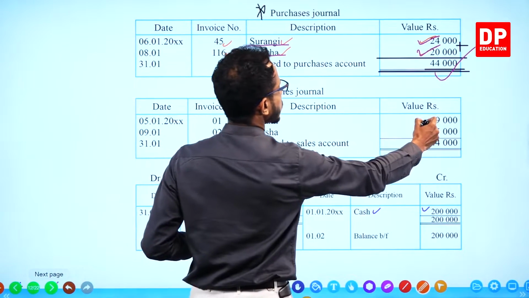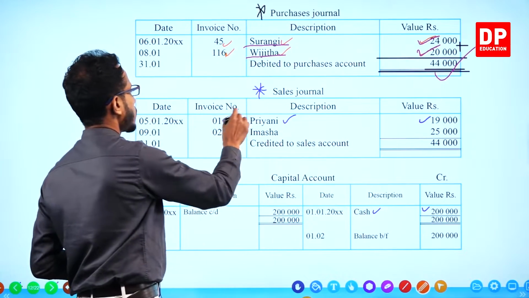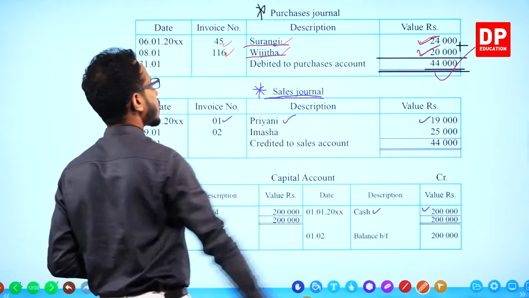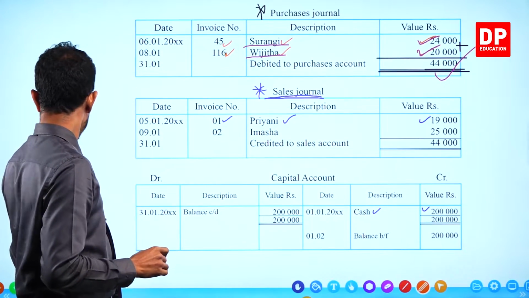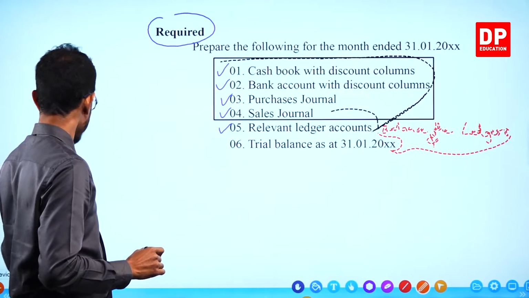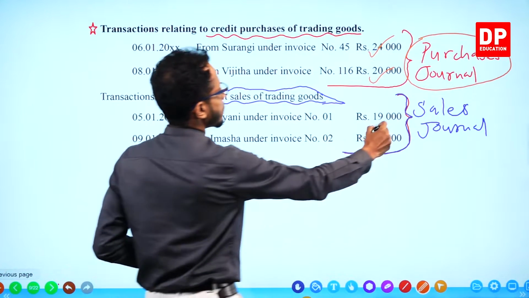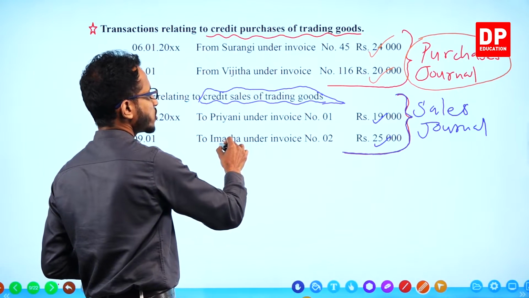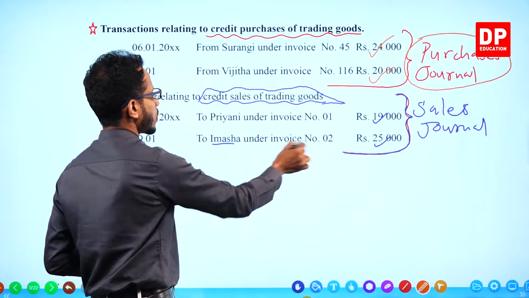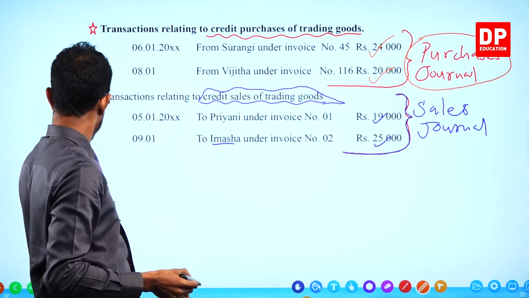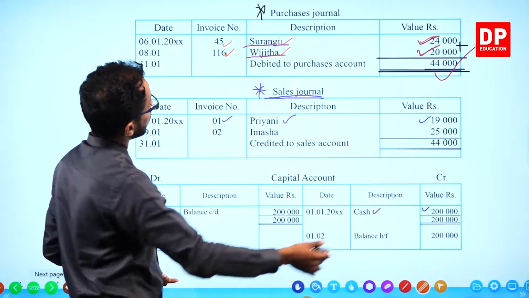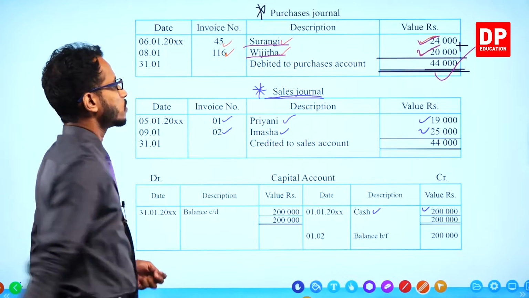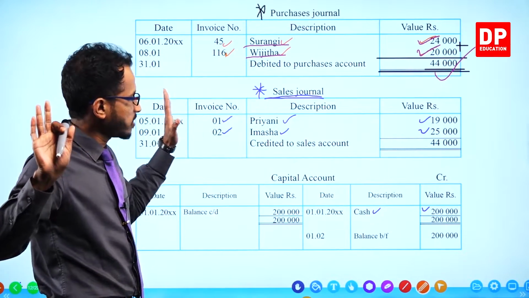Sales journal. Okay. Next one. This is done. 25,000 to Imasha, invoice number 2. Finished. No more entries in the sales journal.